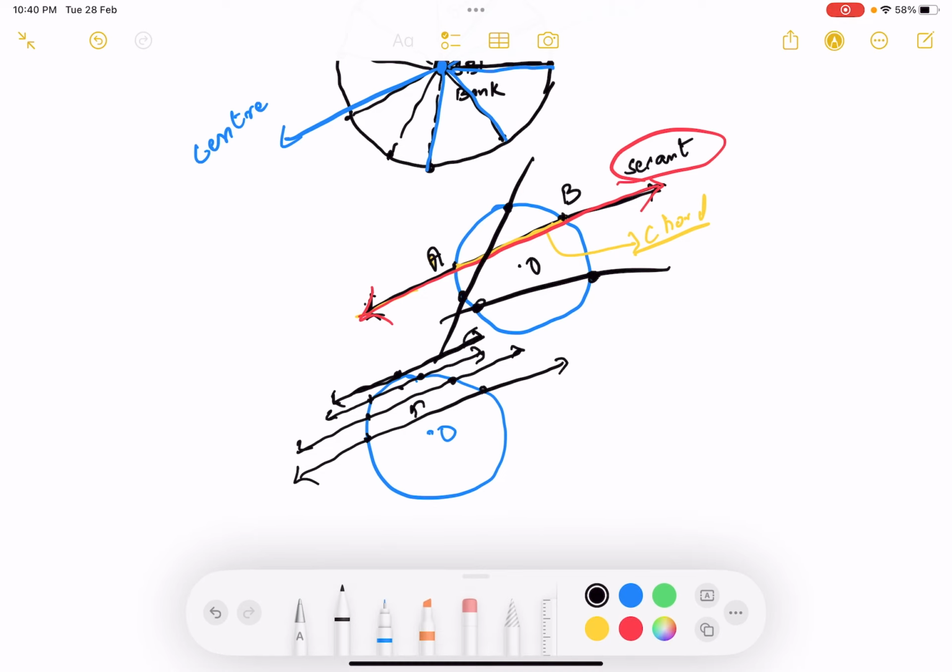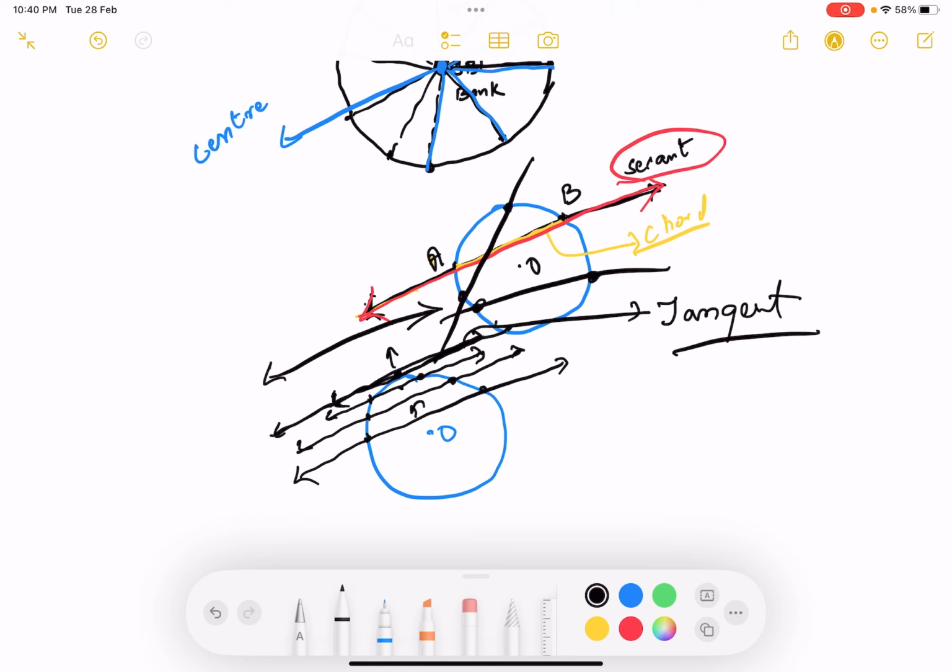So this line we will call tangent. If we move this line further upwards, then it will lie outside the circle. This is the defining case, it's just touching, neither inside the circle nor outside.